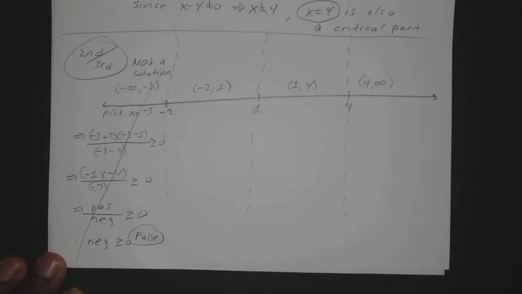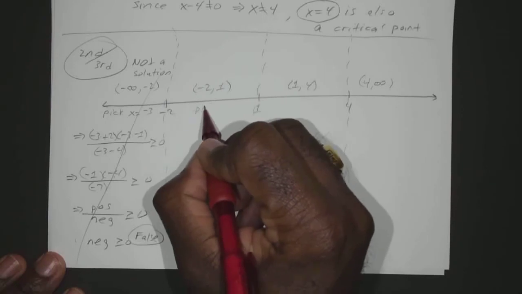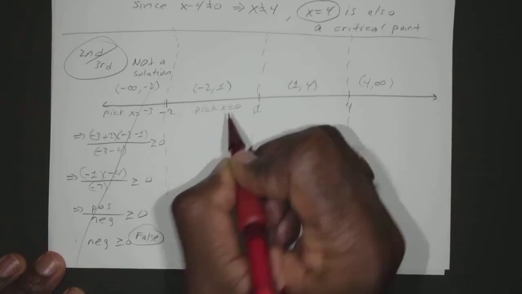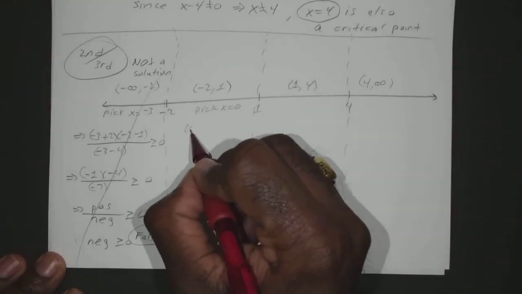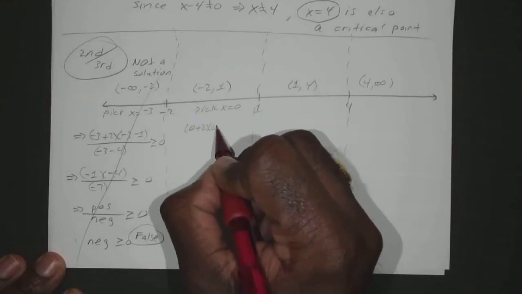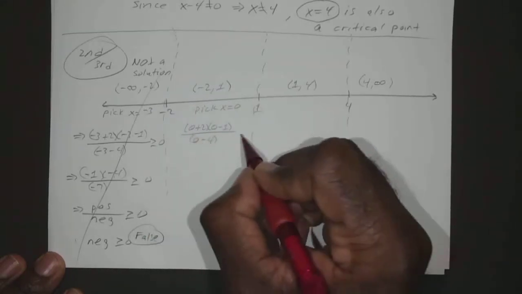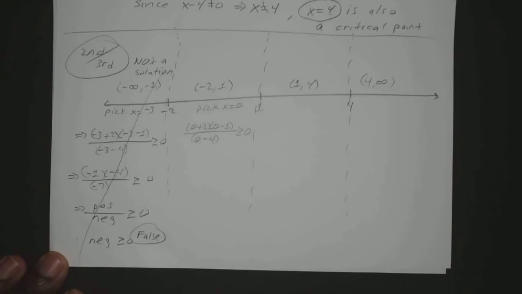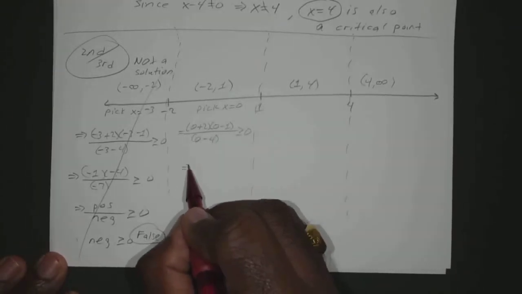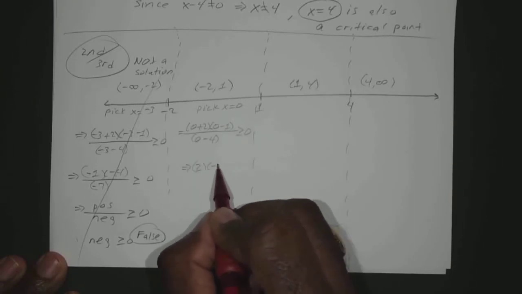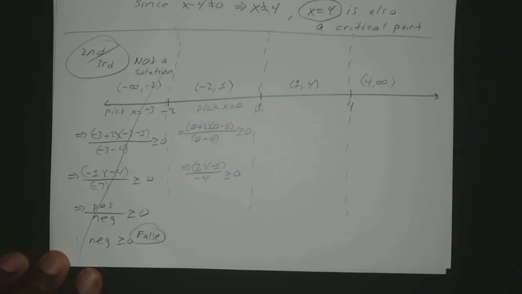Okay, now between negative 2 and 1, just pick Old Faithful, x equals 0. Okay, so if x equals 0, that gives you 0 plus 2 times 0 minus 1 over 0 minus 4 is greater than or equal to 0. Which gives you 2 times negative 1 over negative 4 is greater than or equal to 0.